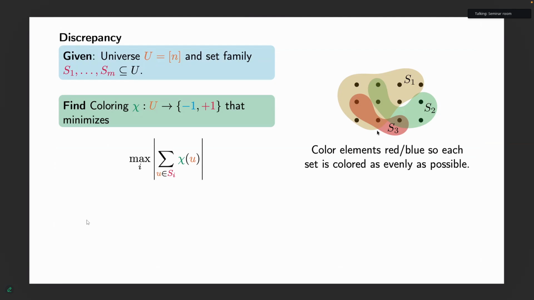So the task is to color elements into two classes so that these classes are spread as evenly as possible.